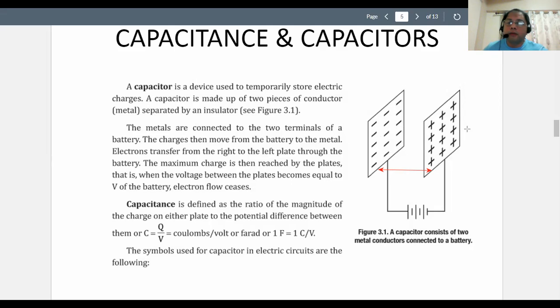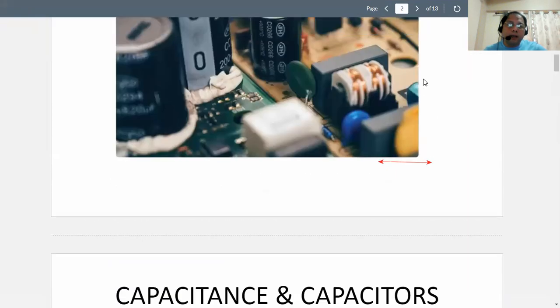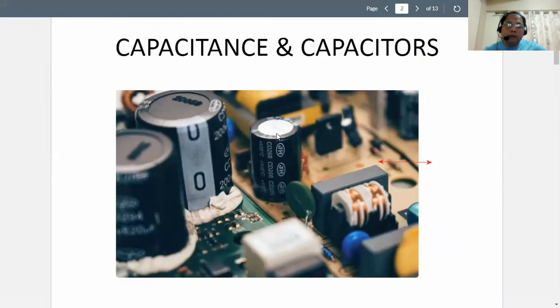Now to lessen this space, others will simply add a certain paper, a certain insulator in between the plates. And that's what we encounter with electrolytic capacitors. They are so small. Why? Because instead of the air that you place in between, they put something like a dielectric. The word is dielectric. They put a dielectric in between.